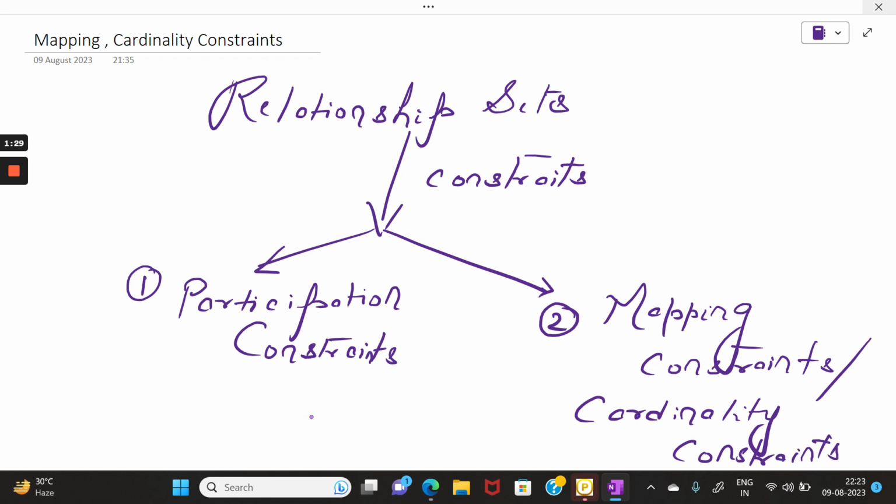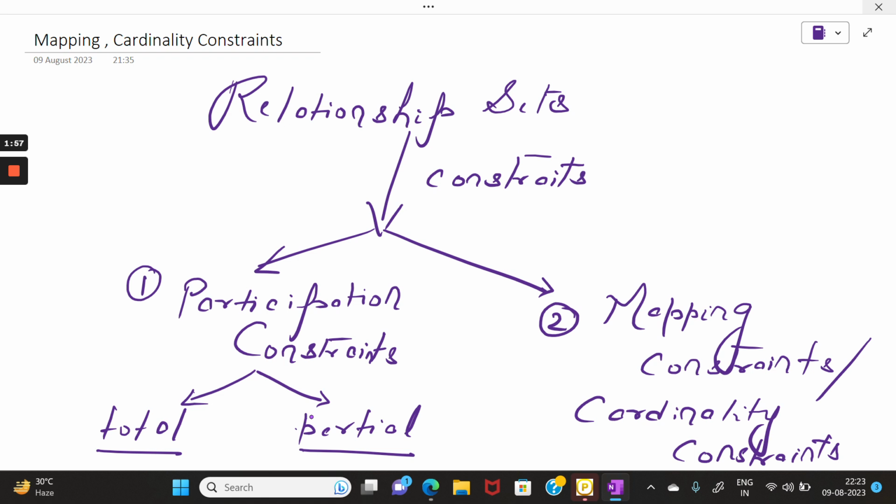Just to summarize and revise the previous concepts, participation constraints can be either total participation or partial participation. If all the entities of the entity sets are mapped onto the relationship, then it is a total participation, and if not, then it is a partial participation.